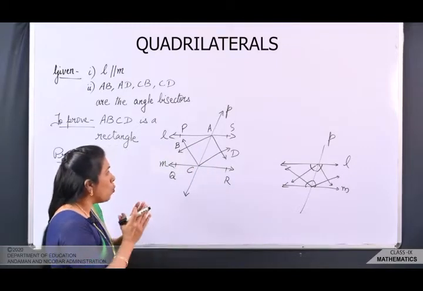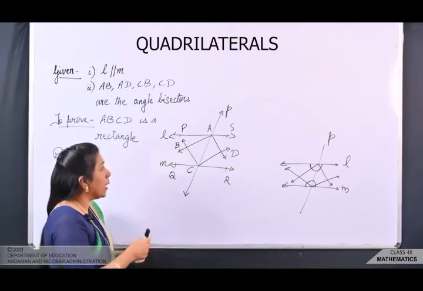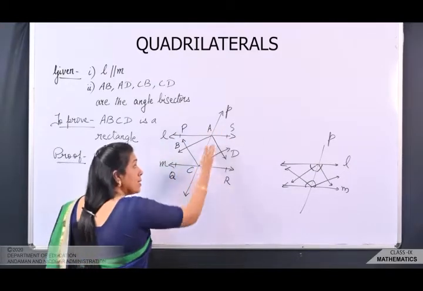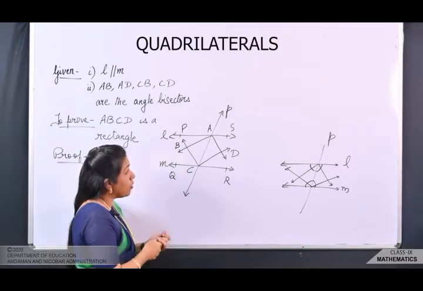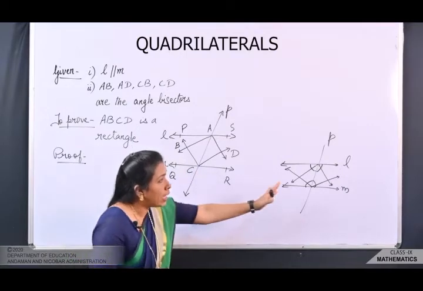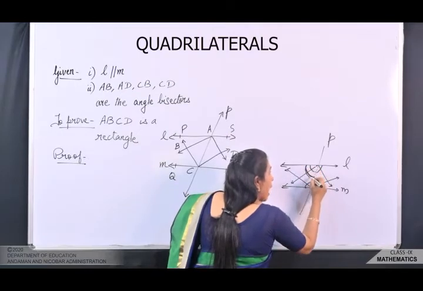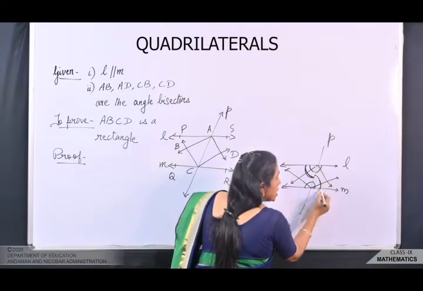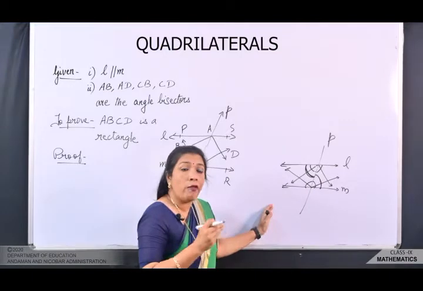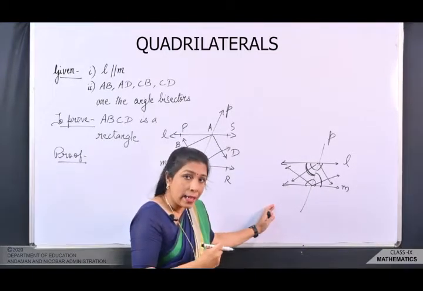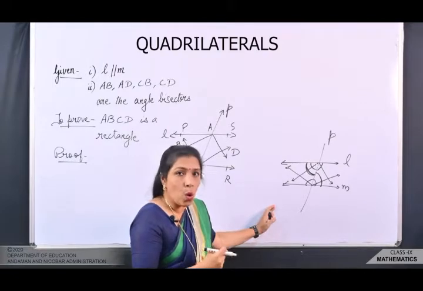Fine. So what we will do, children, here, because these two lines are parallel to each other and this is the transversal, can we say that in this diagram this angle is equal to this angle? Because they are forming a pair of alternate interior angles, यानी कि एकांतर अंतः कोण. ठीक?